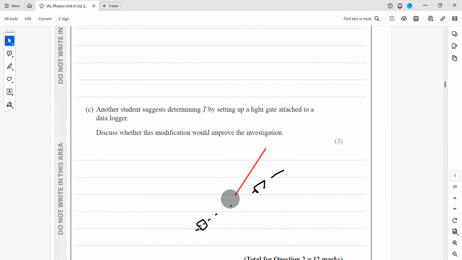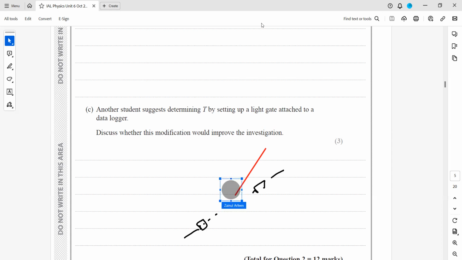When this pendulum vibrates, the moment it blocks the light, the timer will start, and when it moves out, the timer will stop. So light gates are actually determining the time for the whole pendulum to move, rather than finding the time taken by the center of the pendulum to move.